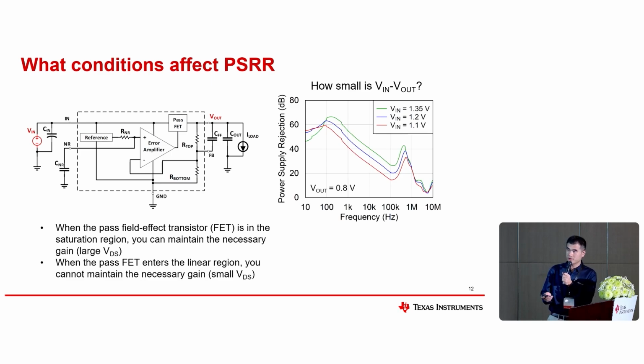If the pass FET enters the linear region, we cannot regulate, because the voltage between drain and source is very low, and we cannot manage the output voltage well. This is very important. With different headroom, it does influence the PSRR, because near dropout the PSRR performance will degrade.